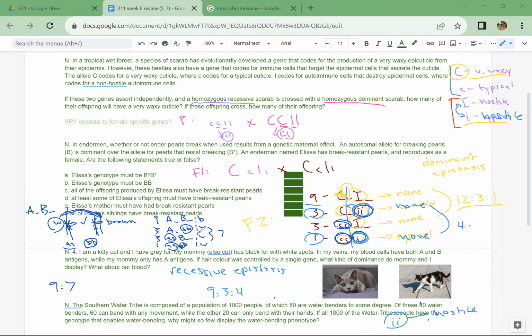And this needing or having like 2 different obstacles to overcome, having a duplicate challenge, is called duplicate recessive epistasis.